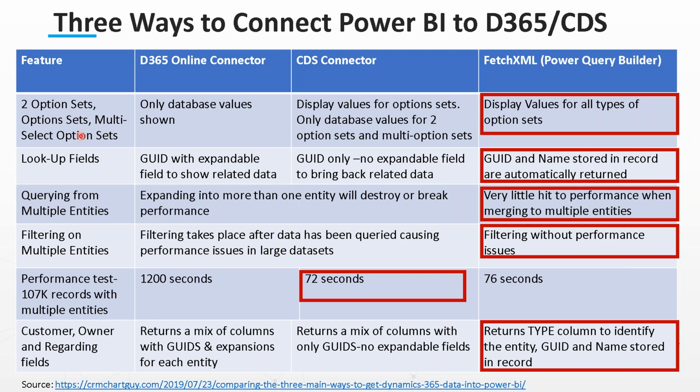And then finally, how these connectors handle polymorphic fields. I know a lot of you are not super familiar with Dynamics 365, but in Dynamics 365 there are some fields that are a little bit strange. They point to more than a single table. So if you ever see the field called customer, it points to both accounts and contacts.